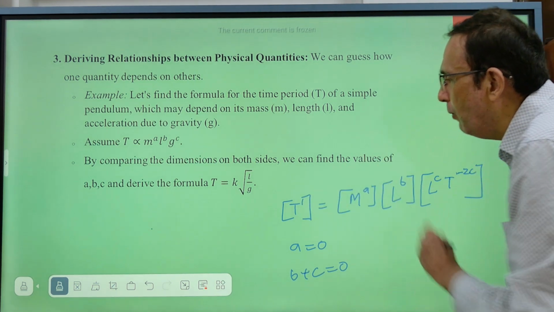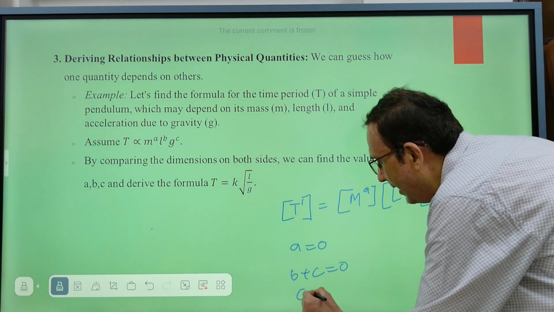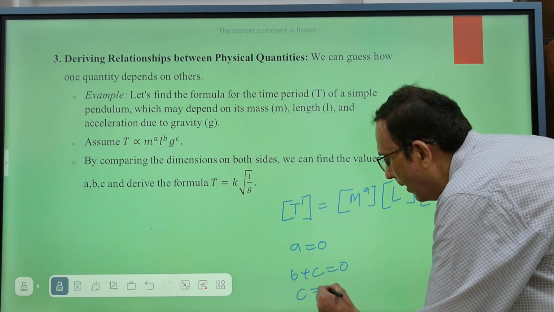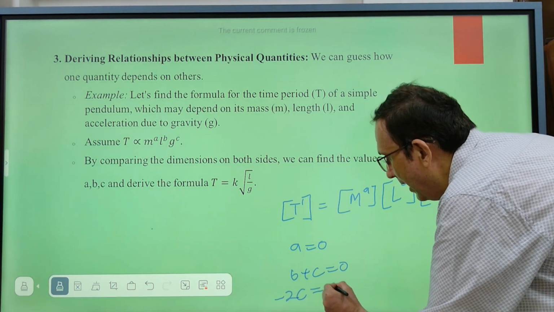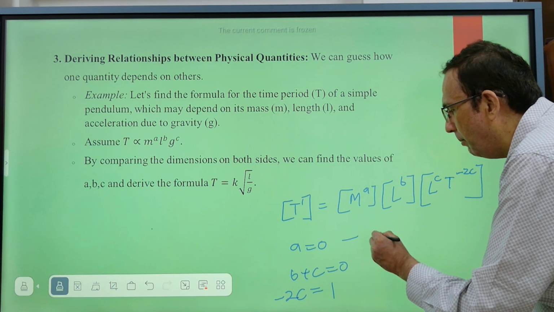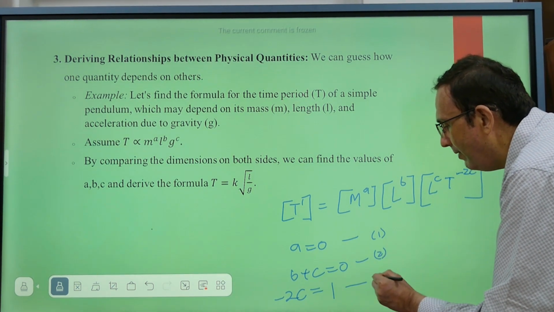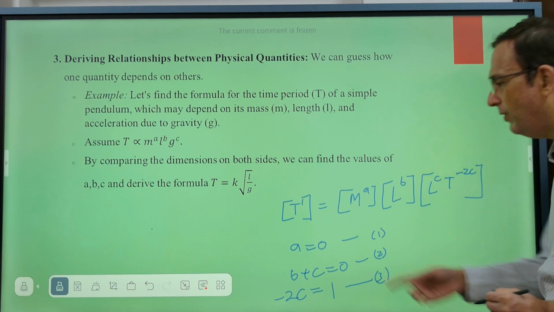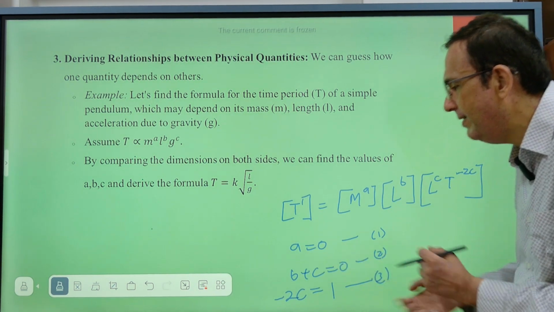You have T raised to power 1 on the left hand side and T raised to power minus 2c on the right hand side. So minus 2c is equal to 1. So you have these three equations, equation number 1, 2, and 3, and you have three unknowns. So from there you can calculate the values of a, b, and c.